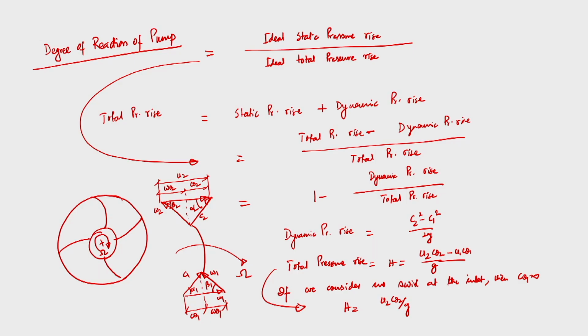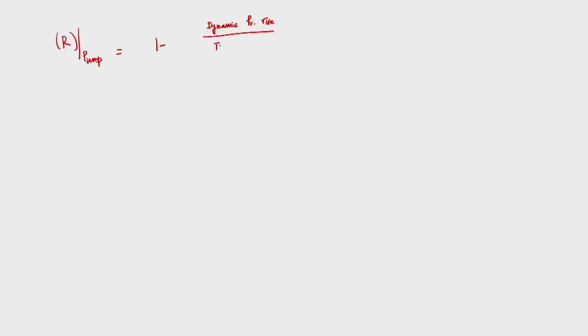Now, if I put the values of dynamic pressure rise and total pressure rise in the expression of reaction of a pump, what can I write? Again, the degree of reaction R of a pump is 1 minus the dynamic pressure rise to the total pressure rise.